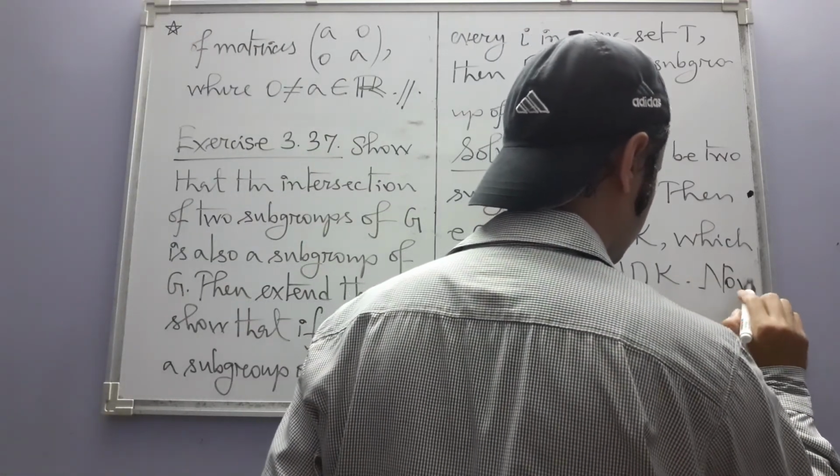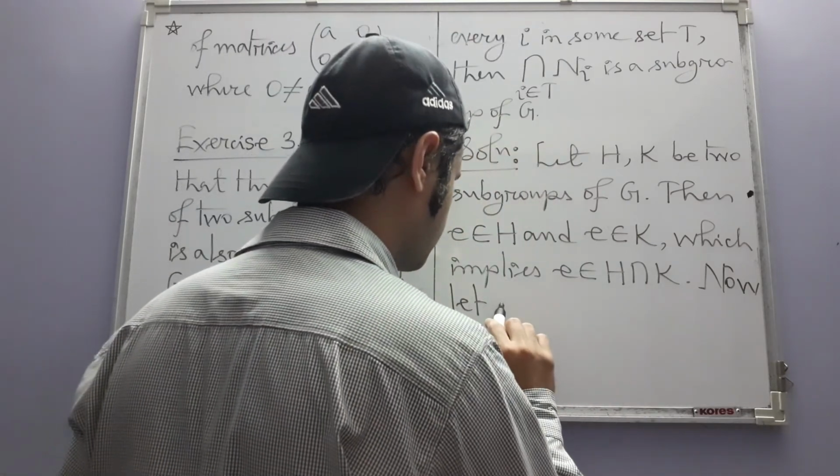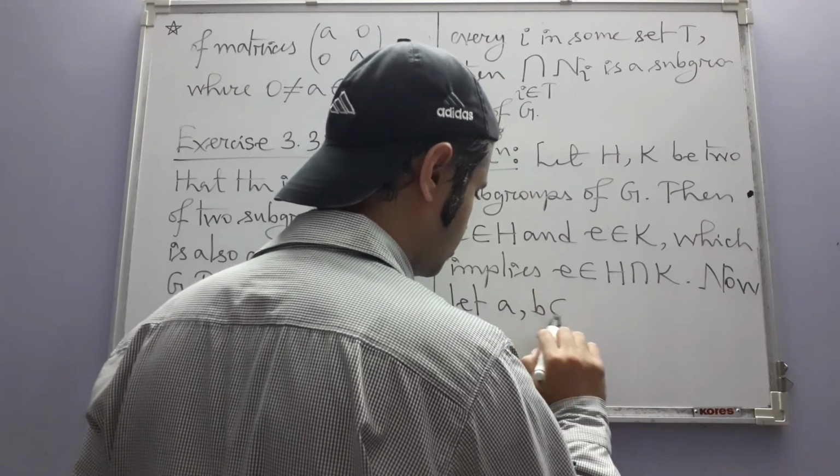Next, consider two elements in the intersection, say a and b.